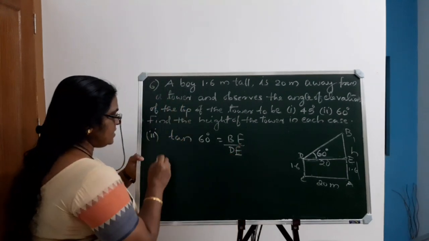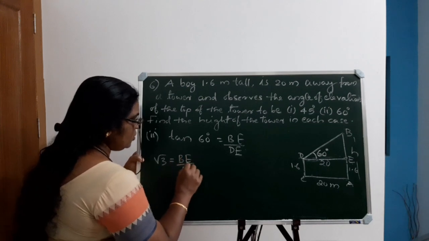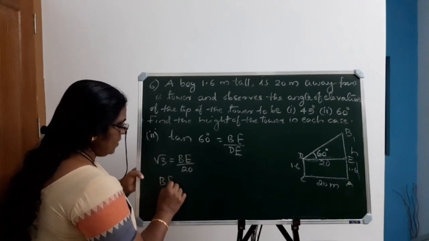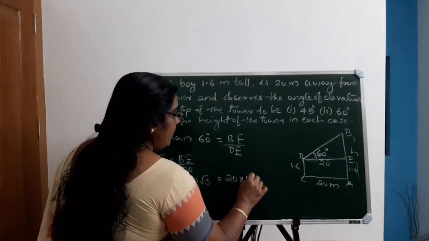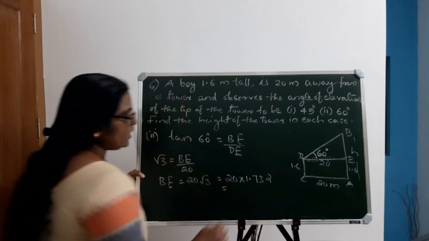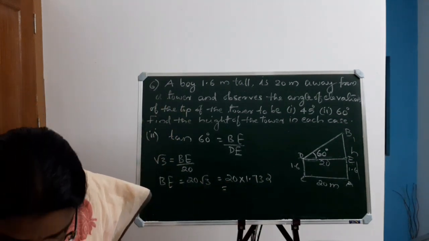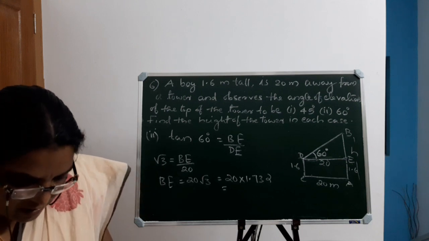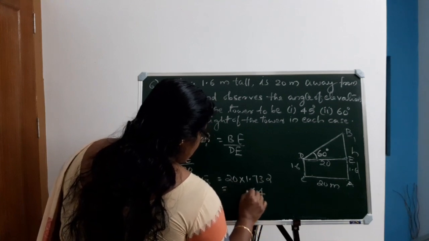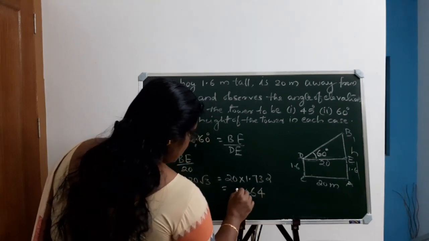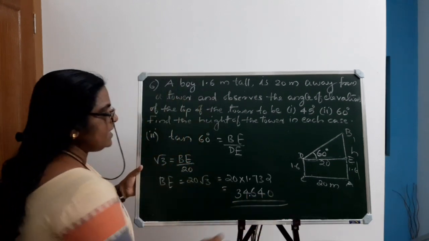Tan 60 is root 3. Root 3 is equal to BE divided by 20. So BE is equal to 20 root 3. This is equal to 20 into 1.732. The product of this one, 20 into 1.732 is equal to 34.64 meter.